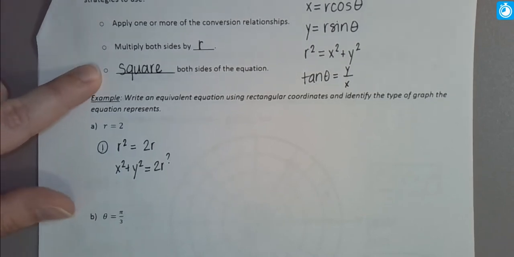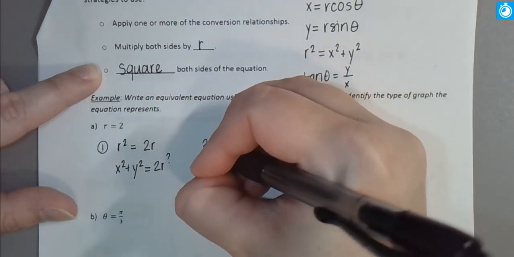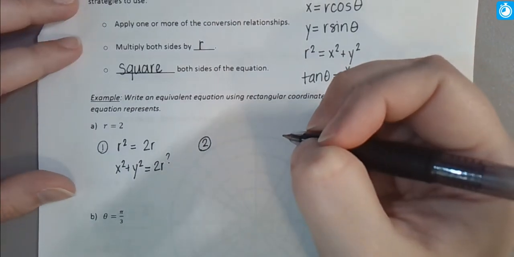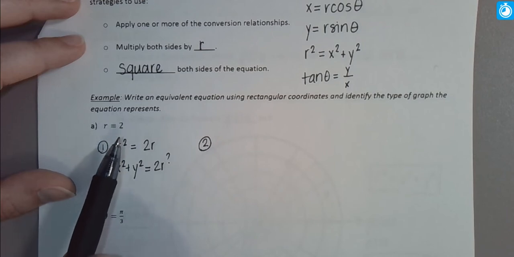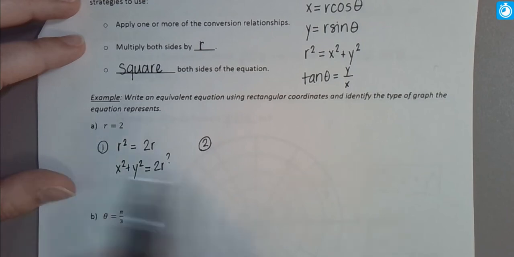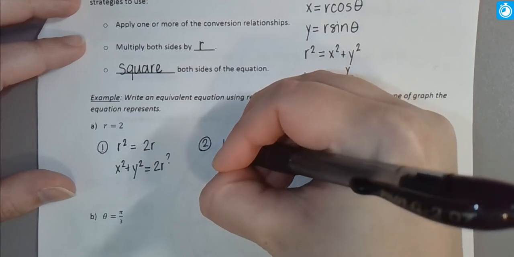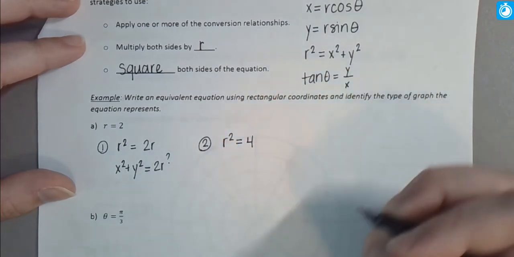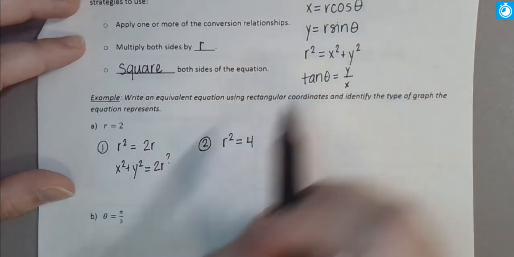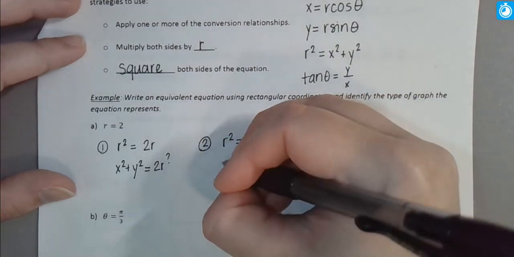So potentially a better option in this case is going to be to square both sides of the equation. The benefit of doing that is we'll get the r squared we want, but the constant will stay constant. We won't introduce a new variable to the equation. So we square both sides, and we get r squared is equal to 2 squared, which is going to be 4. And then we can just do our direct substitution.